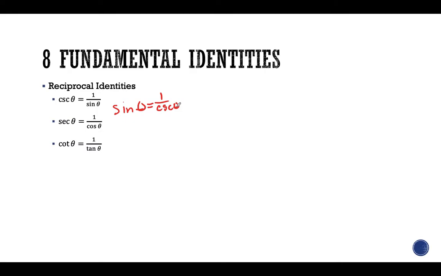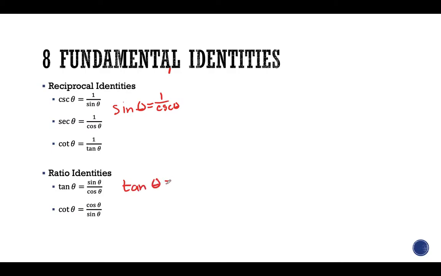All right, the next set of identities that we want to talk about today are what we call the ratio identities. Now, if we think about our unit circle, in a way, we've actually already worked with these identities. Back in chapter 4, we defined these identities on the unit circle, and we thought of tangent as simply being sine over cosine, or excuse me, tangent as being y over x.